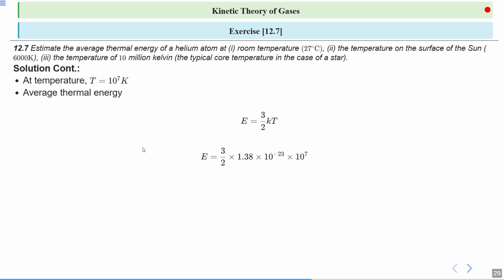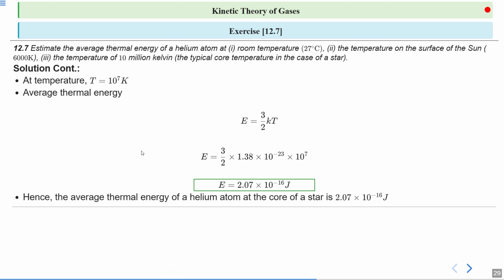E equal to 3/2 into 1.38 into 10 raised to the power minus 23 into 10 raised to the power 7. Solving this, you will get E equal to 2.07 into 10 raised to the power minus 16 joule. Hence the average thermal energy of a helium atom at the core of a star is 2.07 into 10 raised to the power minus 16 joule.